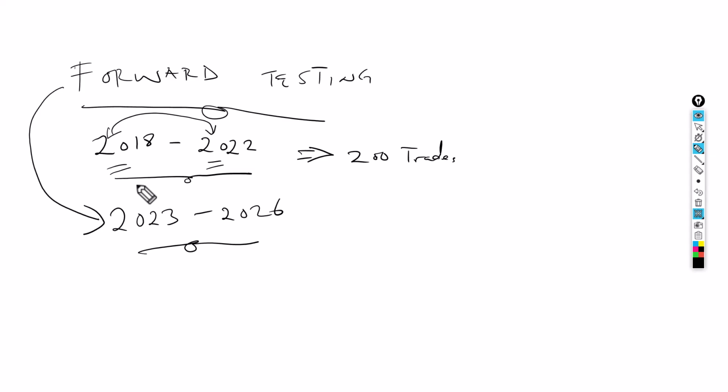So if your strategy was a trend trading strategy, and when you tested it from 2018 to 2022 the market for those 4 years happened to be trending, then of course your strategy is going to make a ton of profits. Okay, and so the results from that back test are going to be very good on paper.